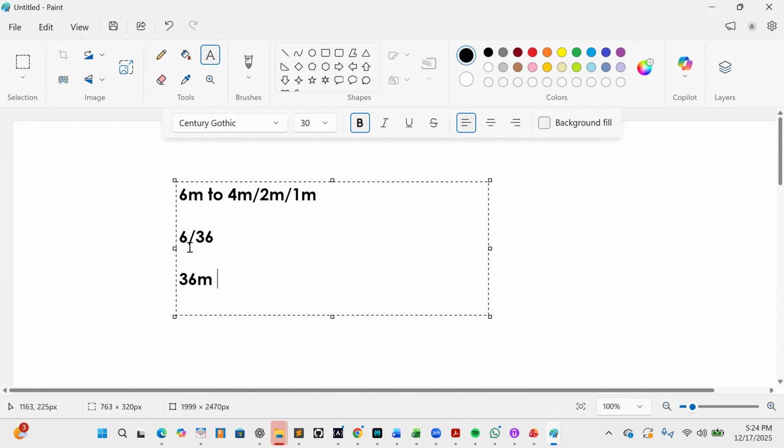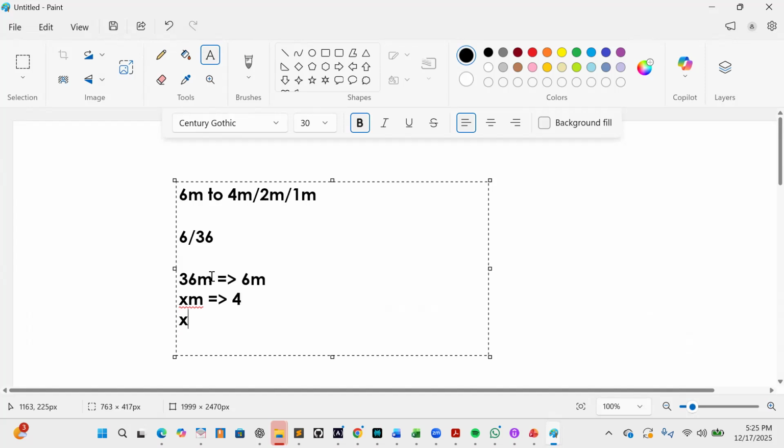And so we want to know how much it is going to give, because it will reduce if we reduce the testing distance. So that means the normal person sitting at 6 meters away will have to move closer. And so we just say that at 6 meters, the x meters will be 4. And so it's equal to 4 times 36 divided by 6.